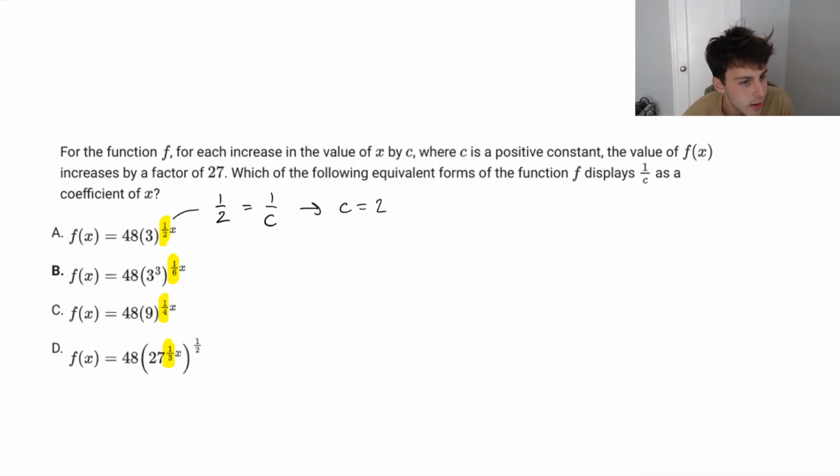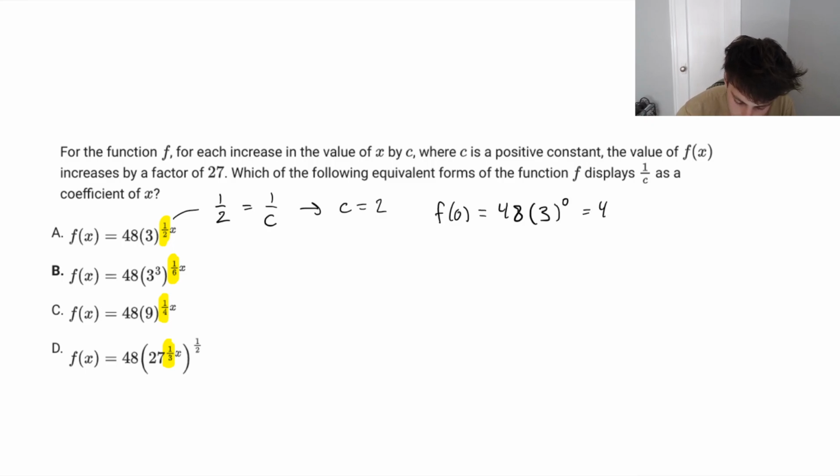It's saying that for each increase in the value of x by 2, so every time we increase x by 2, then f of x should increase by 27. So for example, if we were to plug in f of 0 right now, then for option A, we would get 48 times, okay, well, that's going to be 3 to the 0.